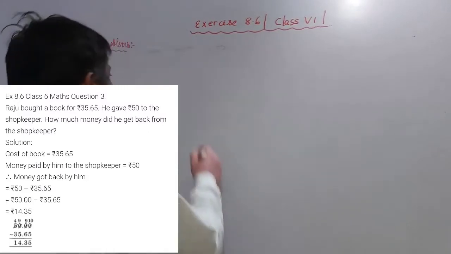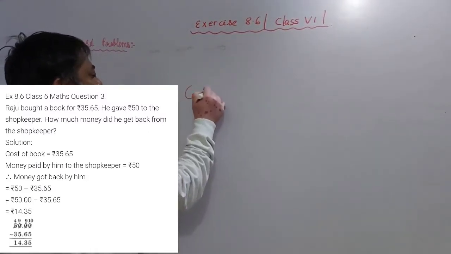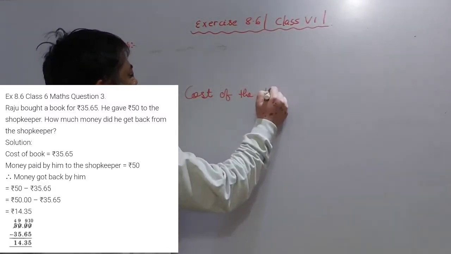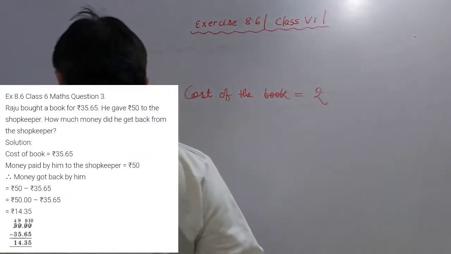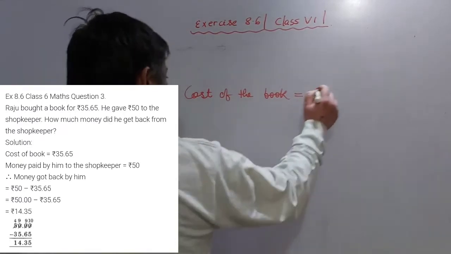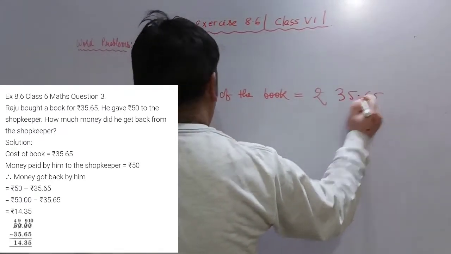35.65. So cost of the book was rupees 35.65.